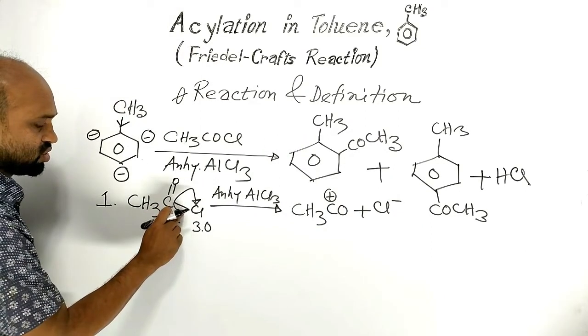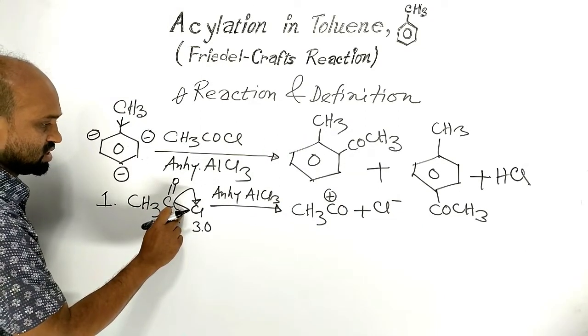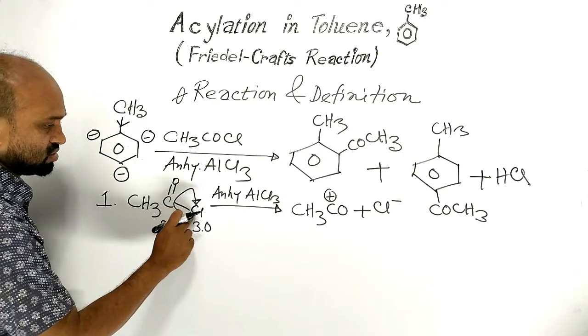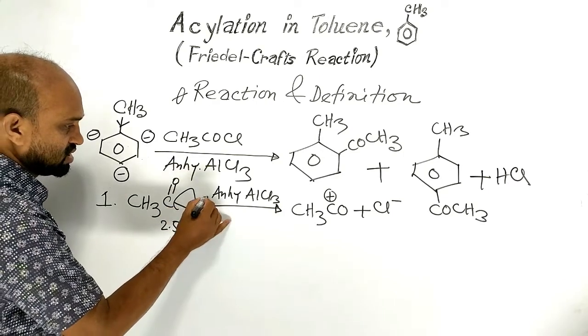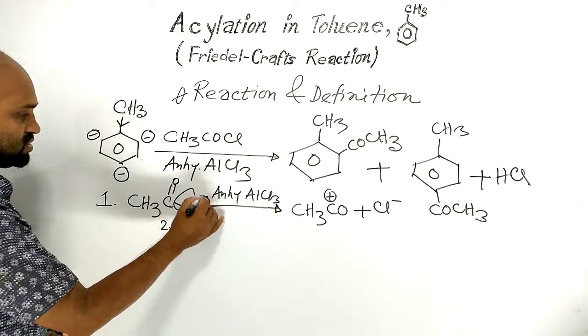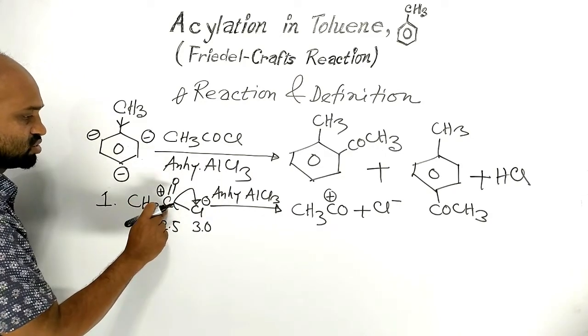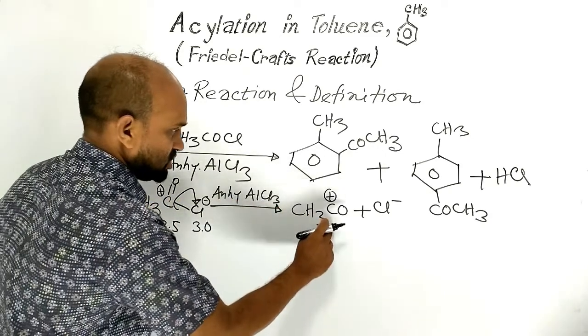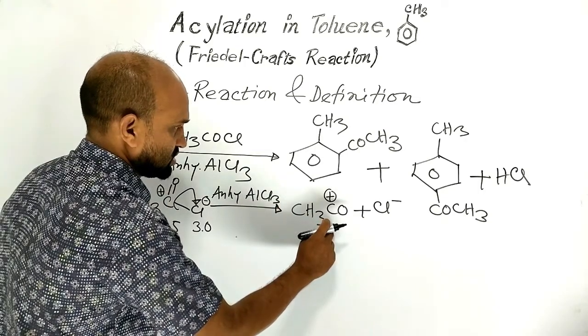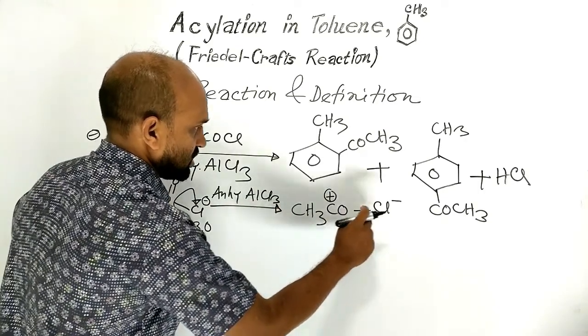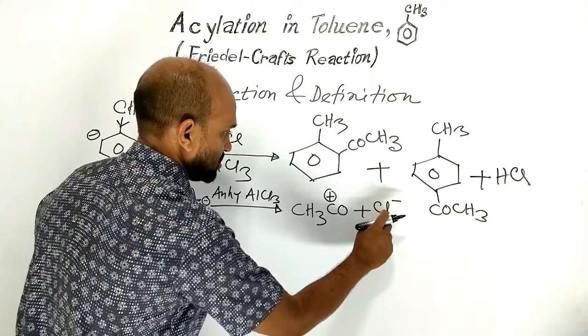When this bond undergoes heterolytic fission, a negative charge develops over chlorine and a positive charge grows over this carbon. That is why this is the positively charged acetyl cation, and this is the chloride ion.